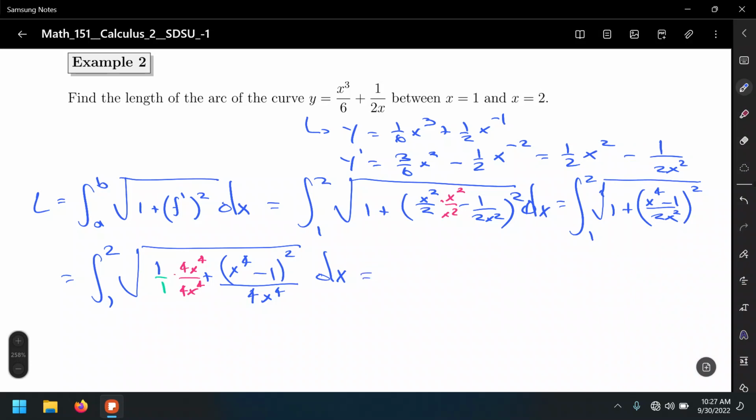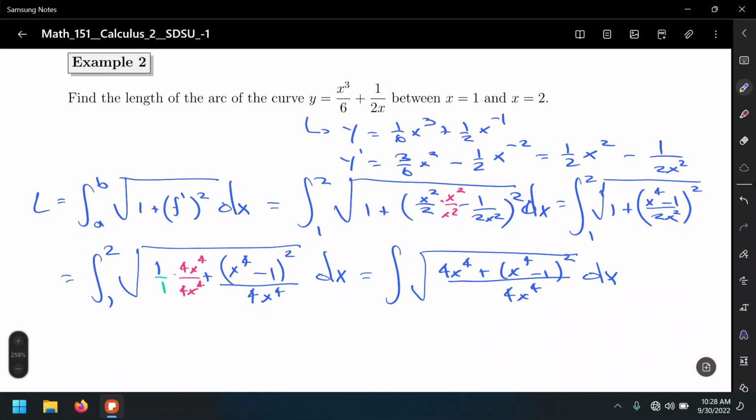If you want to FOIL the binomial in your head at the same time, that's fine. However, I'm going to write all steps. So we're going to get 4x to the 4th plus x to the 4th minus 1 quantity squared divided by 4x to the 4th power, with respect to x.